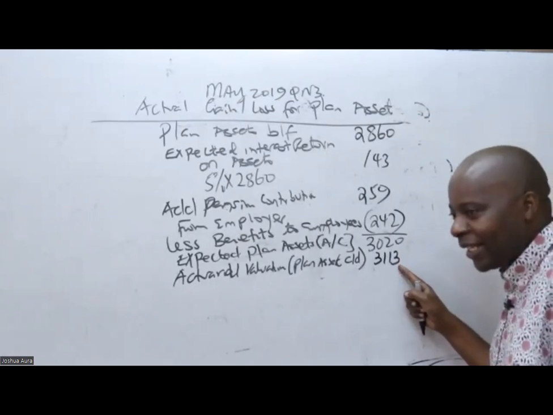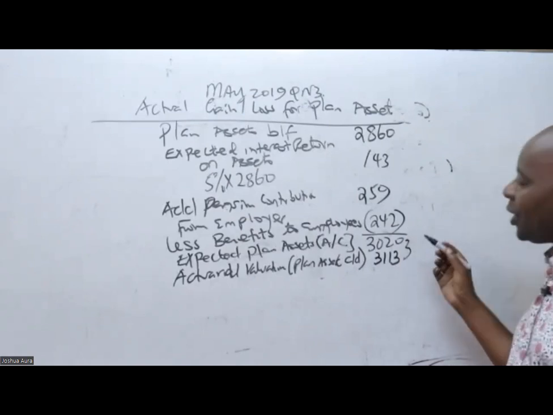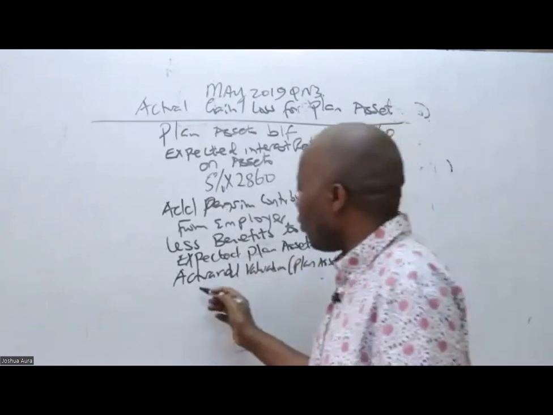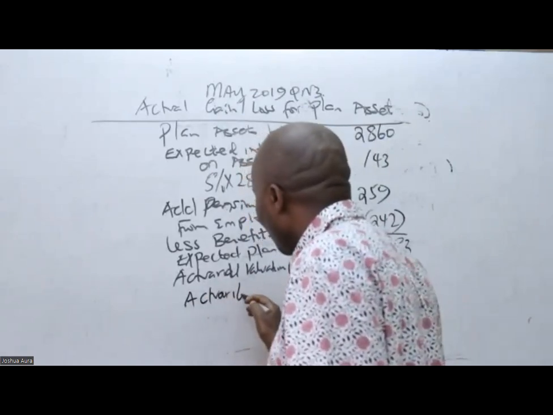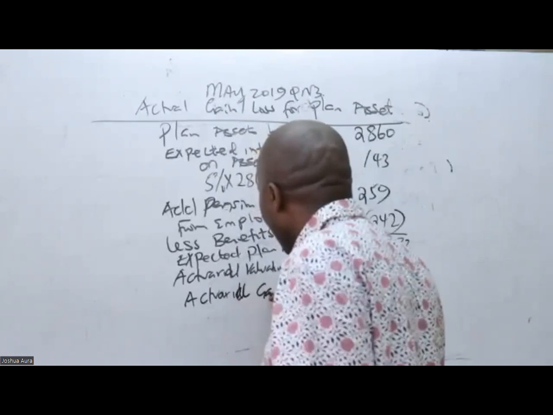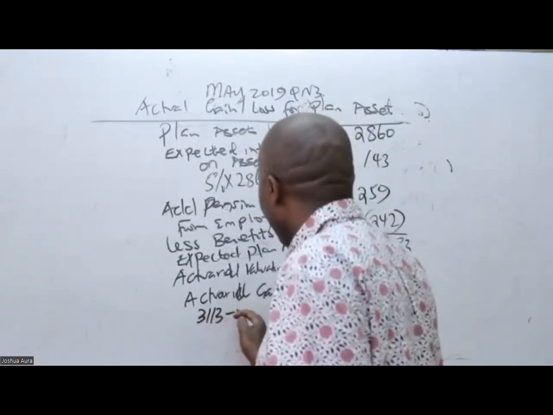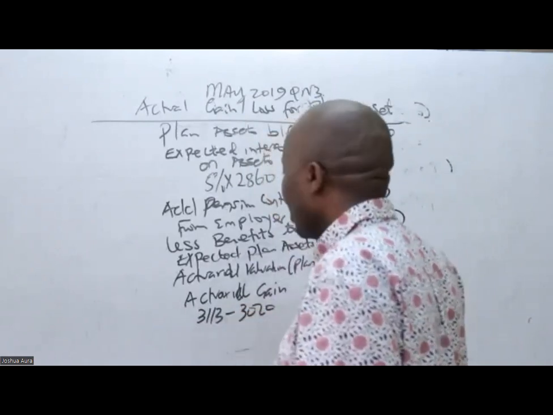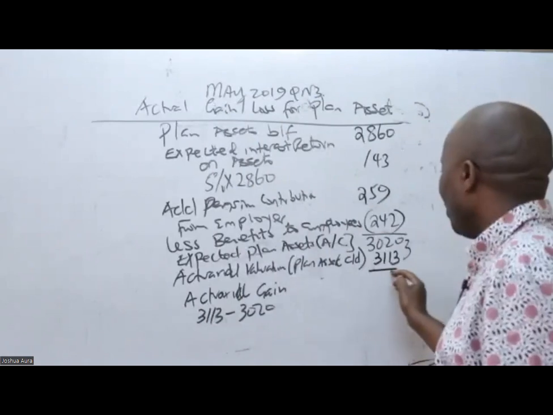When an asset increases, the increase is a gain. So we have an actuarial gain: 3113 minus 3020 gives a gain of 93.